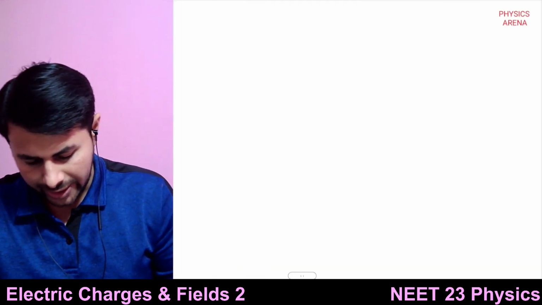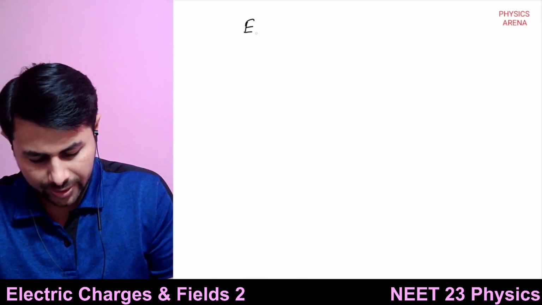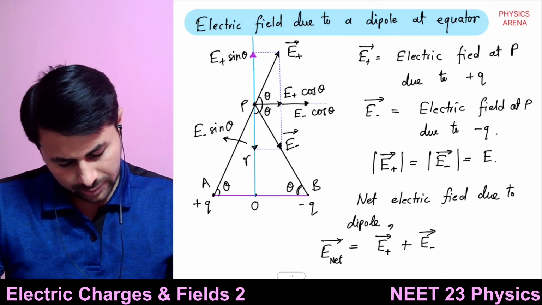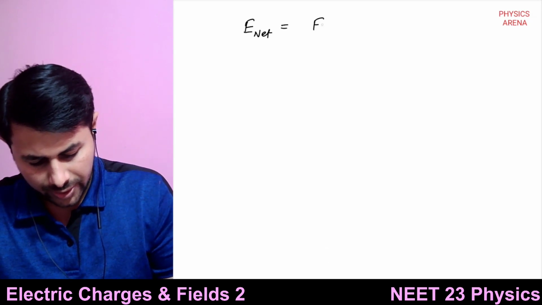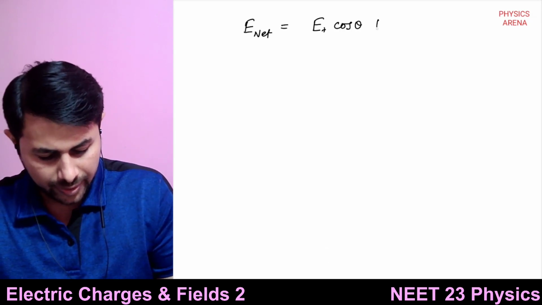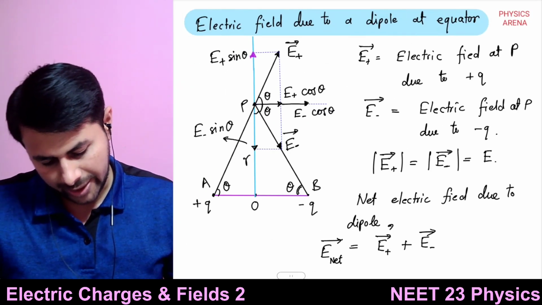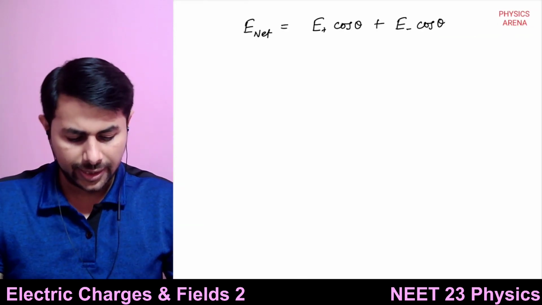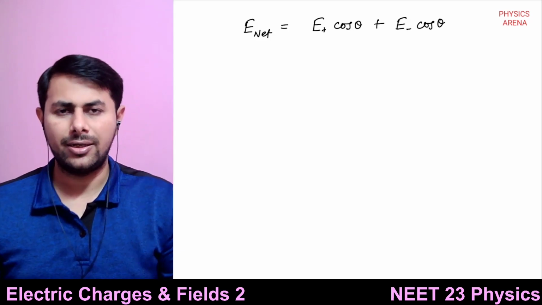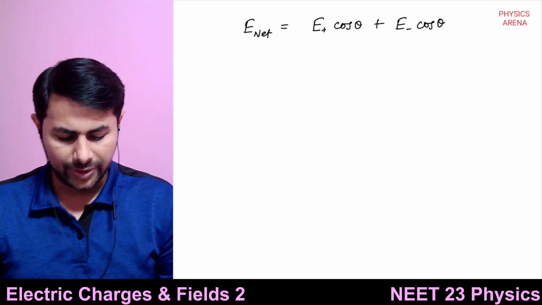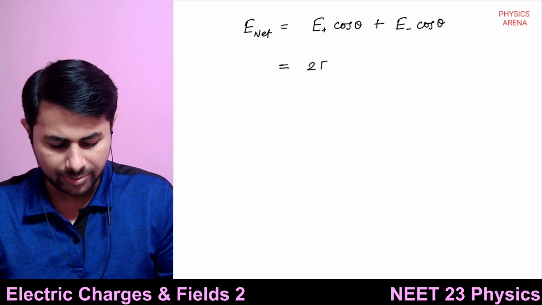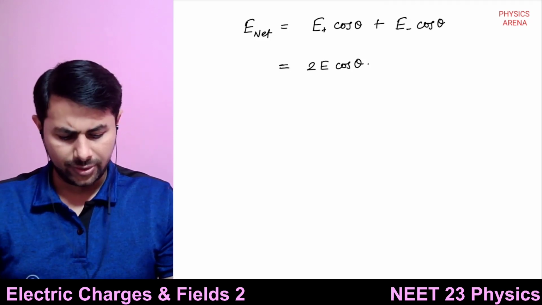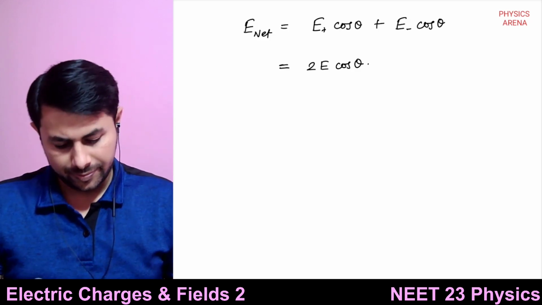So we can say the magnitude of the net electric field is equal to E plus cos theta plus E minus cos theta. And the magnitudes of E plus bar and E minus bar are equal, so this is equal to 2 times E multiplied by cos theta.